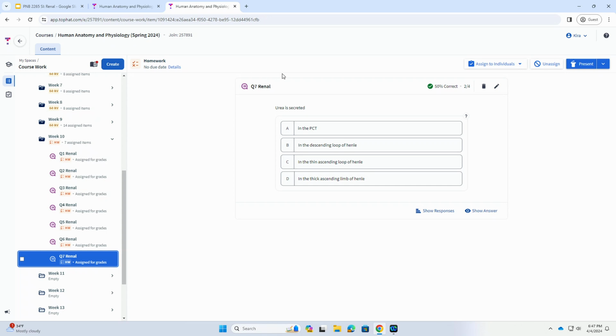Urea is secreted where? So urea is secreted in the descending loop of Henle.